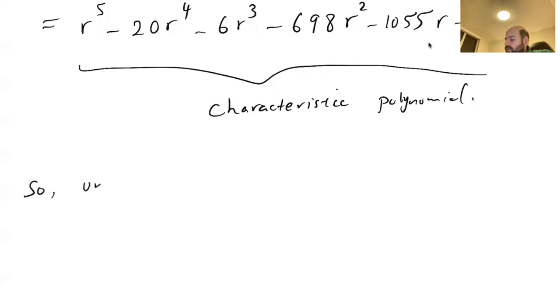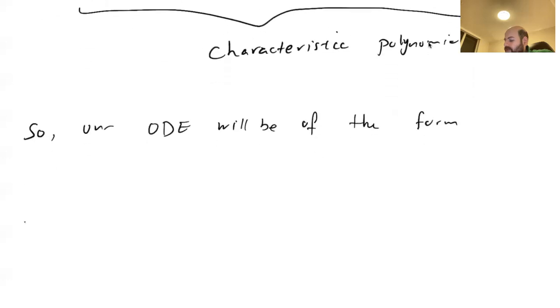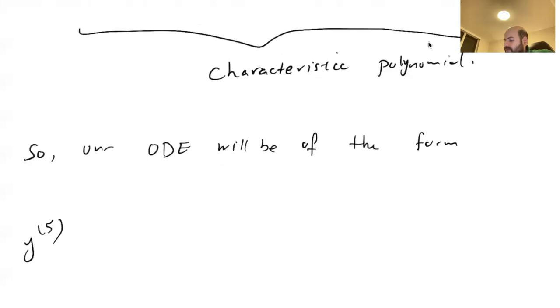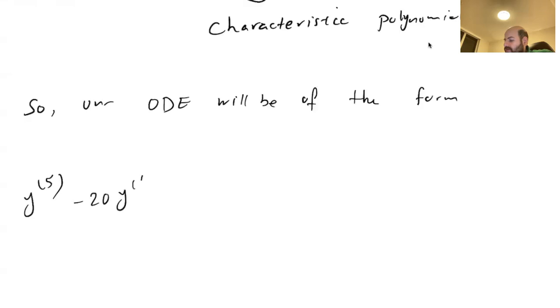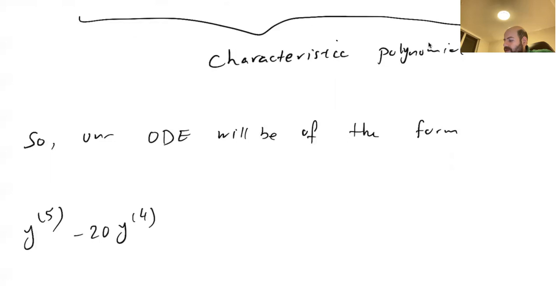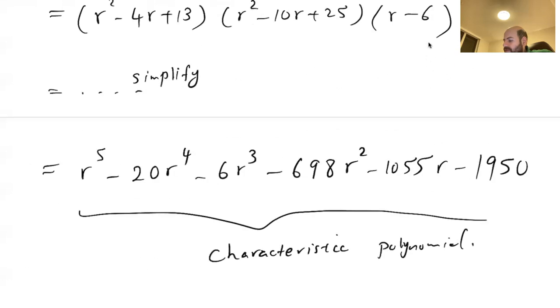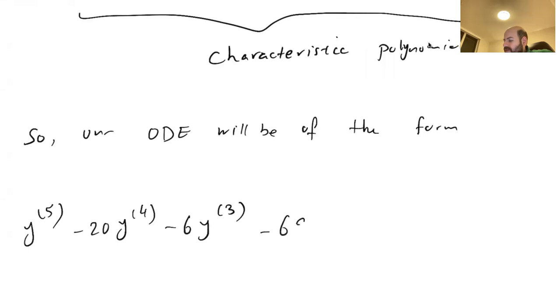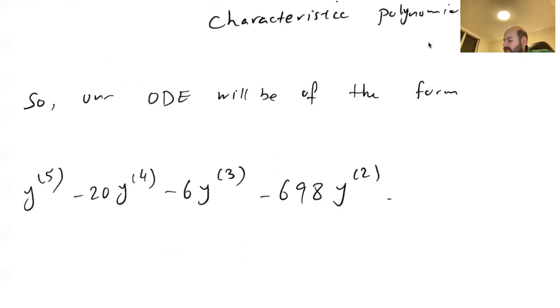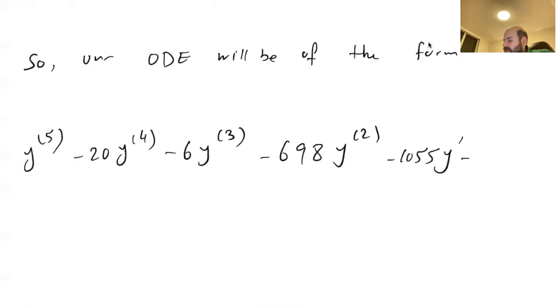So our ODE will be of the form y fifth derivative minus 20 y fourth derivative minus 6y third derivative minus 698 y second derivative minus 1055 y prime minus 1950 y equals 0.